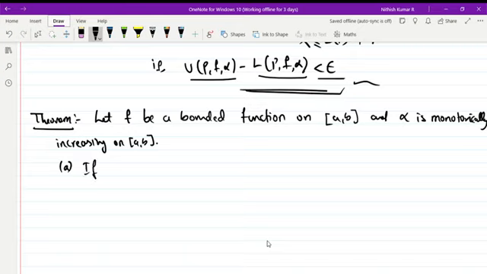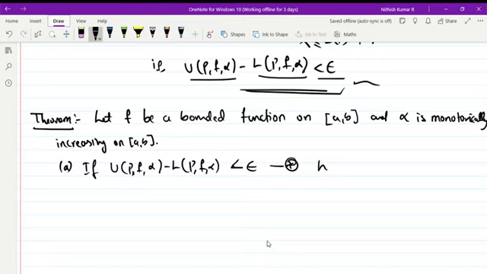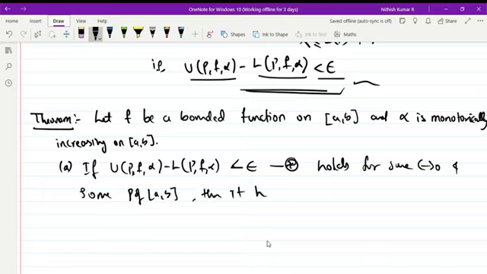The first: if U(P, f, alpha) minus L(P, f, alpha) is less than epsilon, call this star, holds for some epsilon greater than 0 and some partition P of the closed interval a comma b, then it holds for every refinement of P with the same epsilon.